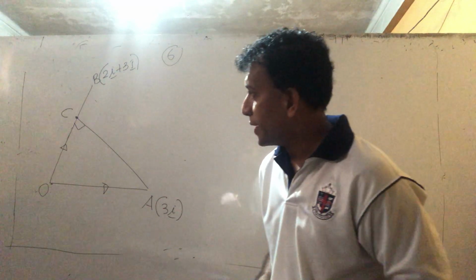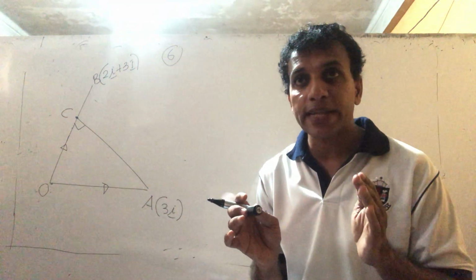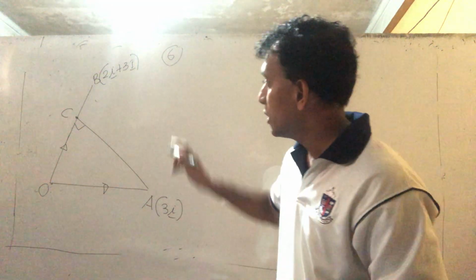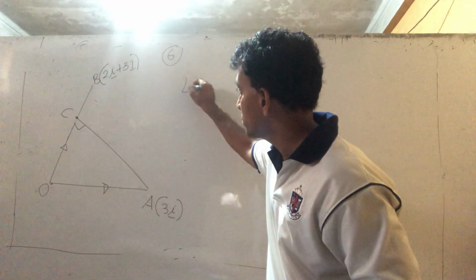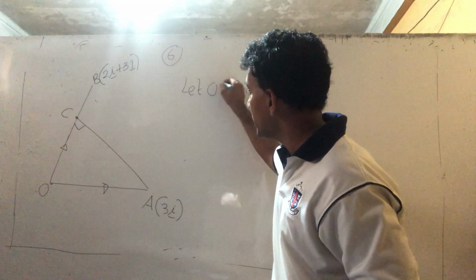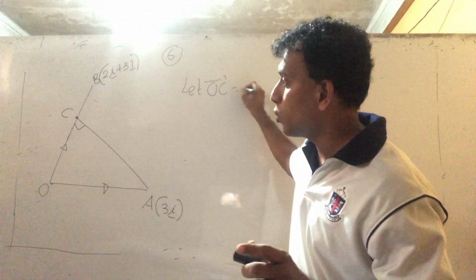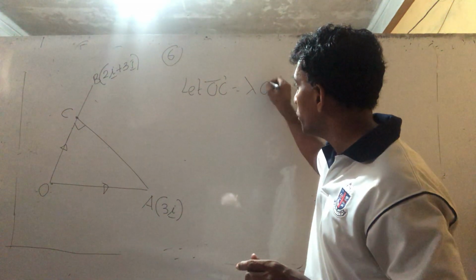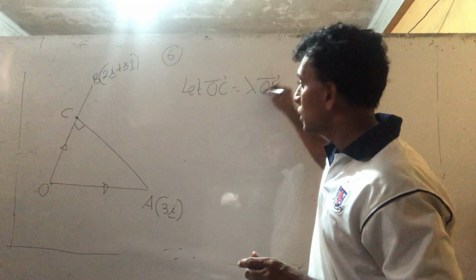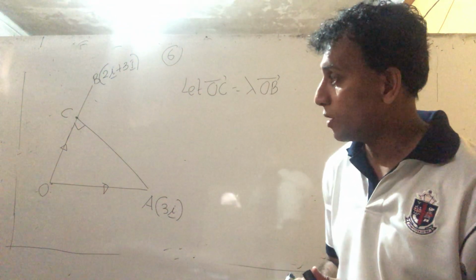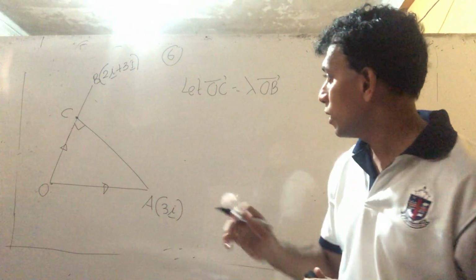So first I find the OC vector in a linear form, because of the collinear idea. Therefore I say, let OC equal lambda times OB, because vector B is given in the question.